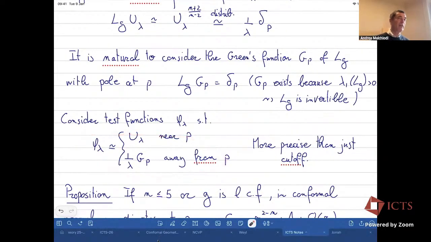I can explain qualitatively why there is a discrepancy in the method between low dimension and high dimension.